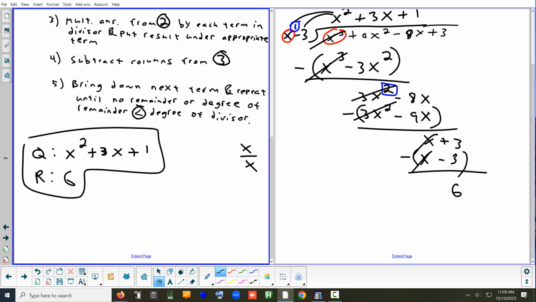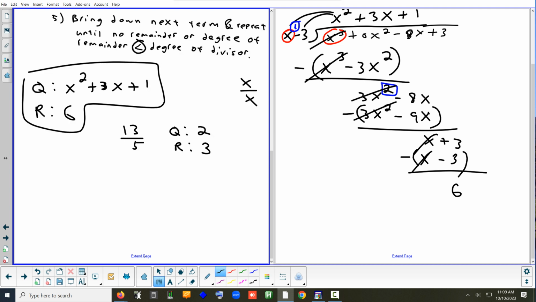The other way you can write it is the same way you could do it if this was numbers. Let's say you had 13 and you divided it by 5. What's the quotient when you divide 13 by 5? Yep, 2. And what's the remainder? 3.